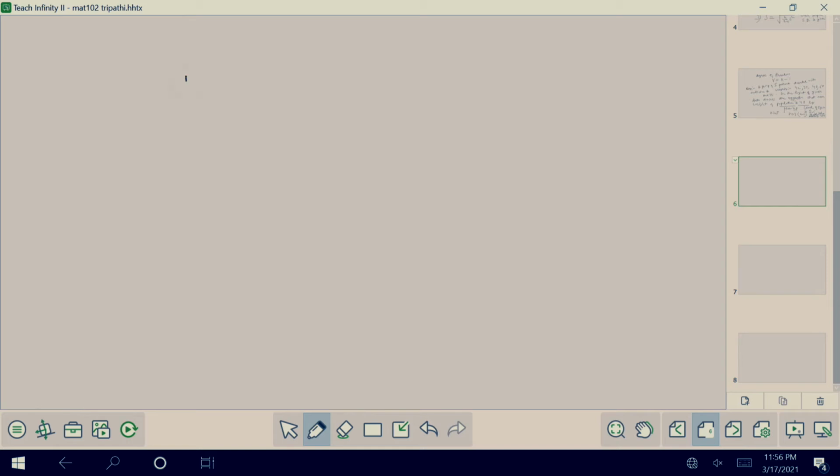This is your null hypothesis, mu is equal to 48, and now the alternative hypothesis is mu is not equal to 48 kg.